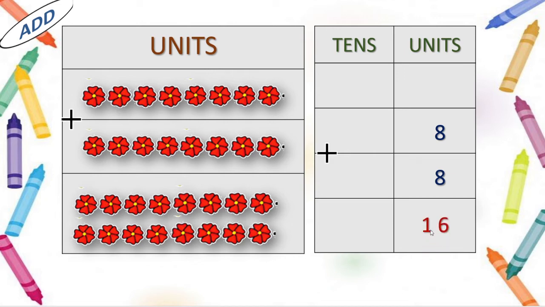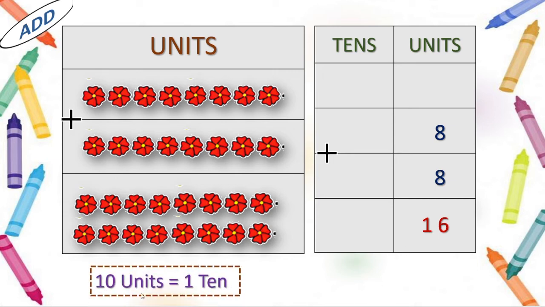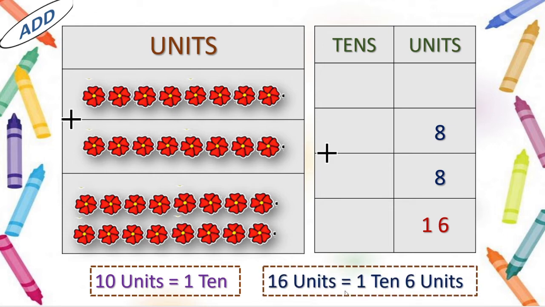Yes, dear children, we know that 10 units is equal to 1 ten. Always we make bundles of 10 units to make 1 ten, isn't it? So here 16 means it has 1 ten and 6 units, right?